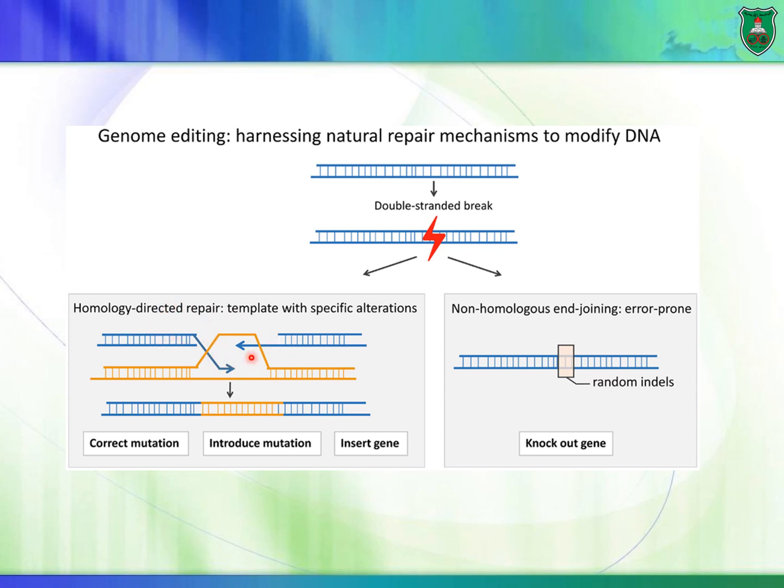You are repairing it by replacing the mutated DNA with a good DNA. Well, it can be the opposite. You can have a good gene right here, and what you do is that you are replacing it by a mutated DNA or gene. So you can as well fool the system, and you can insert a new DNA inside the chromosome as well. Inside this DNA right here, you can insert a whole gene. So the potential is really amazing with what you can do with the CRISPR Cas9 system.